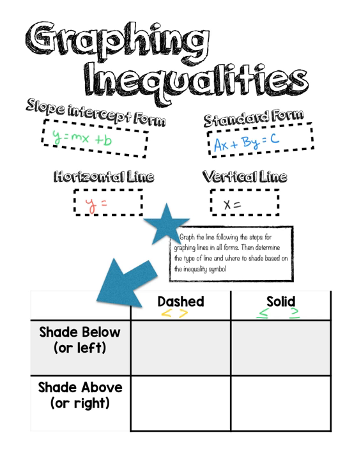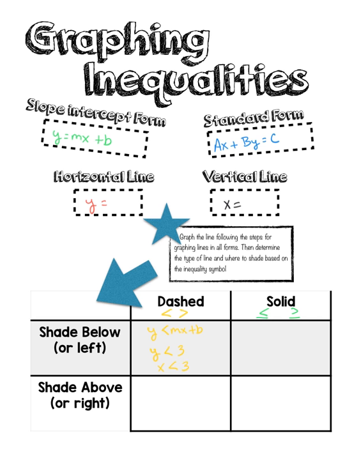Now, shade below or to the left. Oh, here's where it gets fun. If y is less than 3, I'm just going to say that, or x is less than 3. I'm throwing in a number just so you have something to look at.